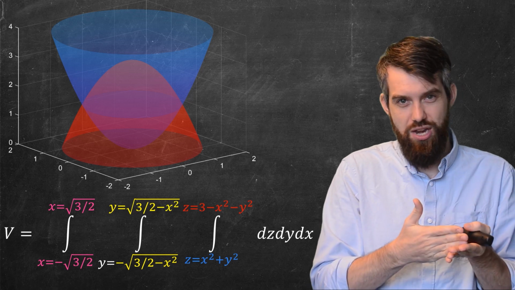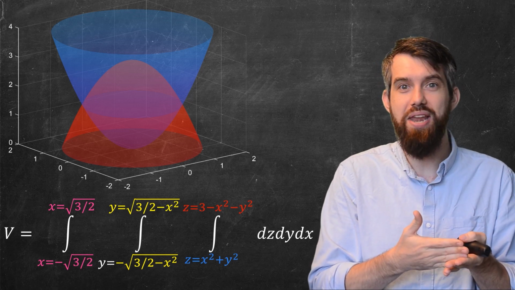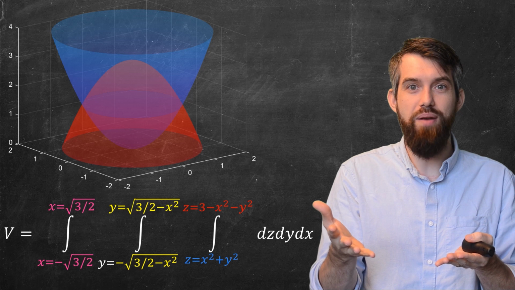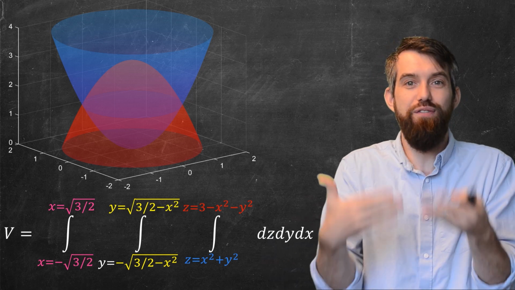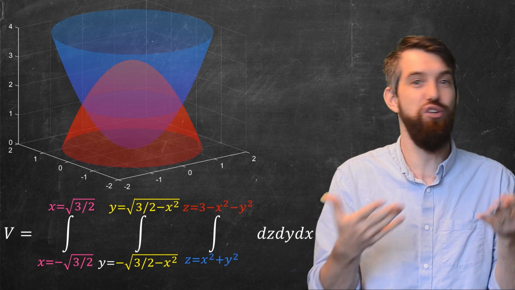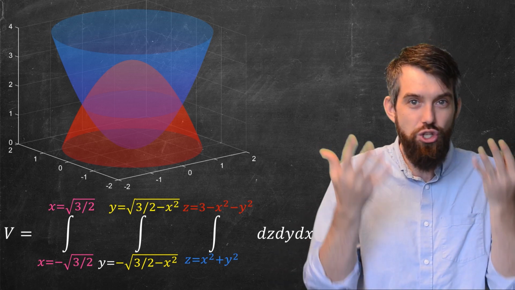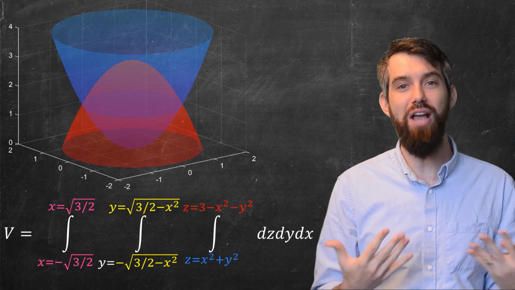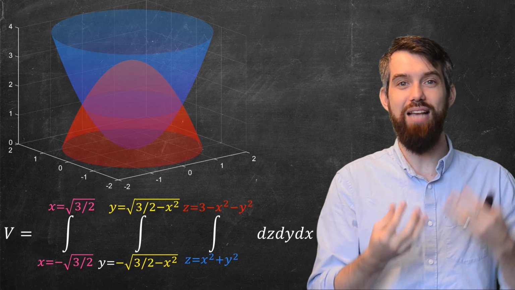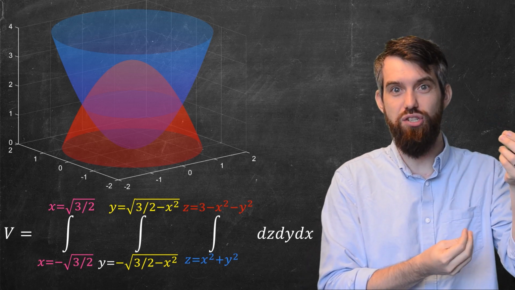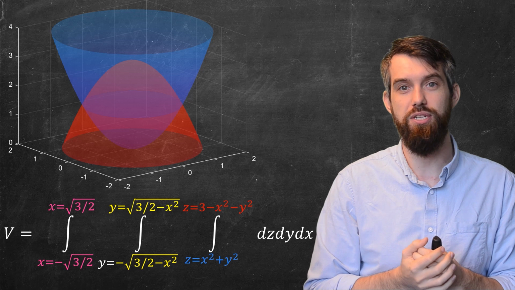Then the middle integral, the one with respect to y, the z is gone, but the y's can be written in terms of x's still, so my limits of integration are functions of x. I integrate with respect to y, and I get rid of all y's, now it's just x's. Then the final integral, the one with respect to x, has new numbers in its limits of integration, so you evaluate that and you get a number out.